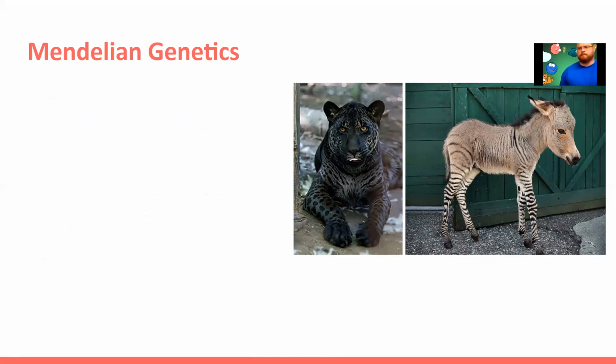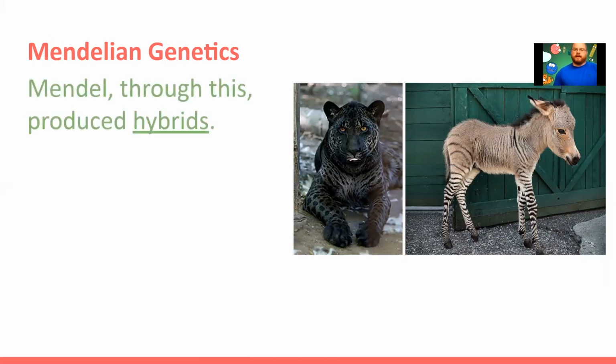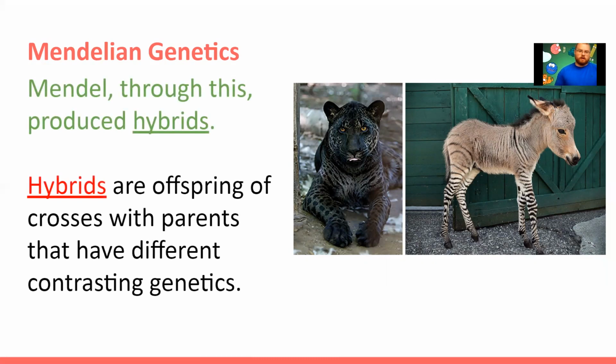And what he did was he took one that was green, one that was yellow, and combined them to make something called a hybrid. And a hybrid are offspring of crosses with parents that have different contrasting genetics. So in this instance, we have a panther and a leopard, which is a hybrid.